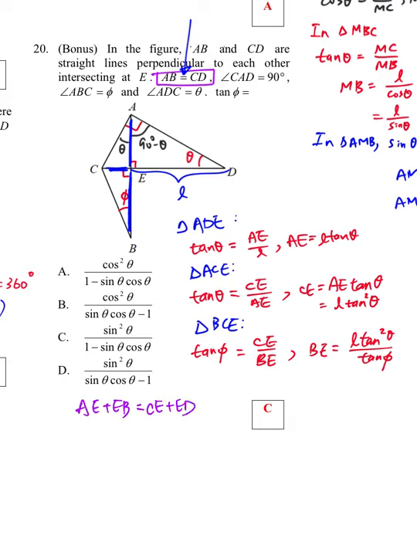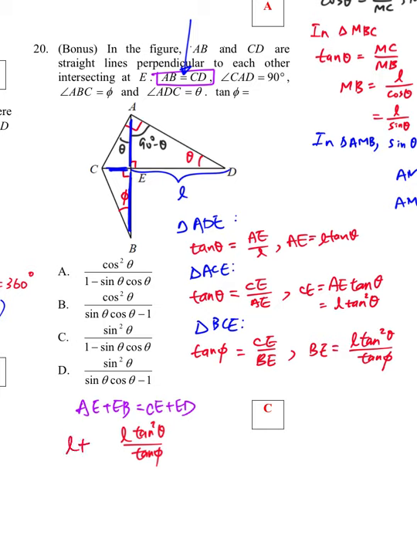And you expect that the important way of connecting them is AE plus EB equals CE plus ED, and we place in the ratios one by one. AE is L tangent theta, EB is L tangent squared theta over tangent phi. Okay, let me write a little bit better to improve the mathematics.